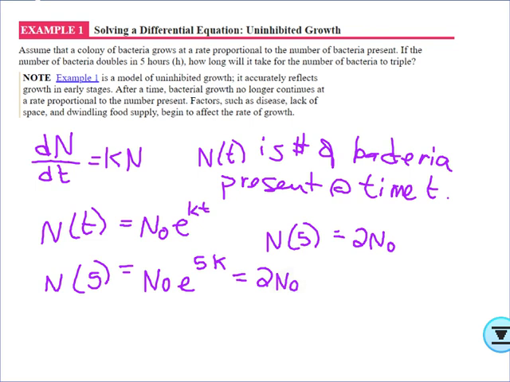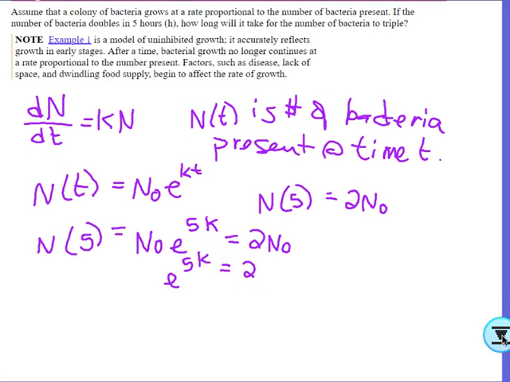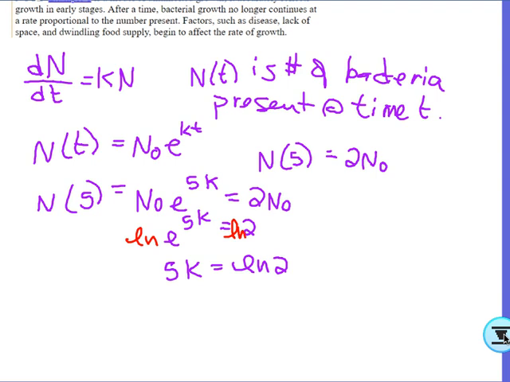So if I divide both sides by N naught, I get e to the 5k is equal to 2. Then I'm going to take the natural log of both sides. So now I'm going to have 5k is equal to the natural log of 2. If I divide both sides by 5, I get k is equal to 1/5 the natural log of 2.